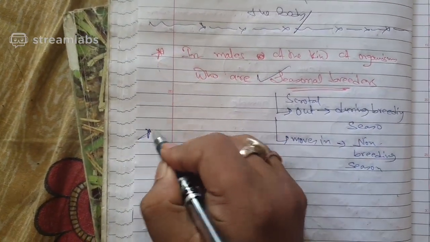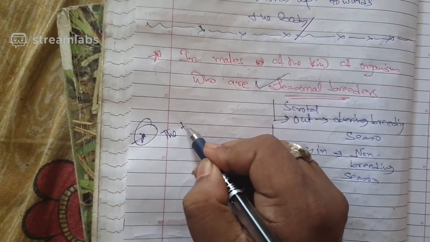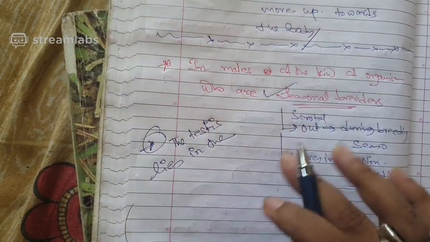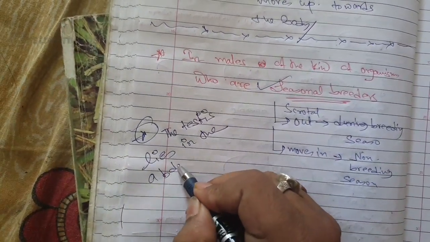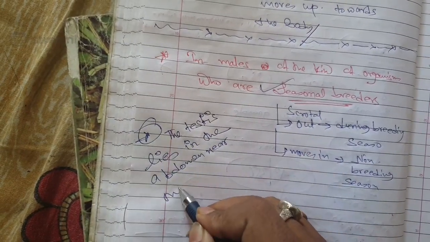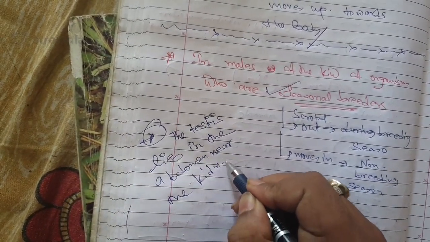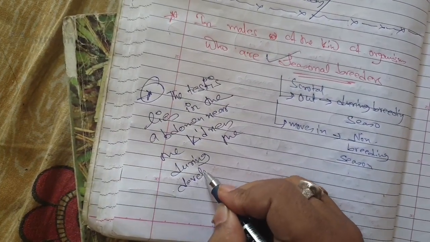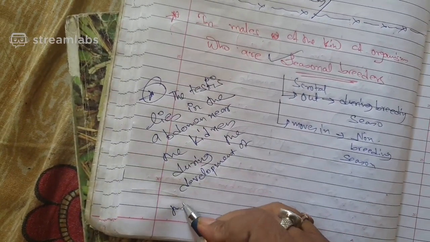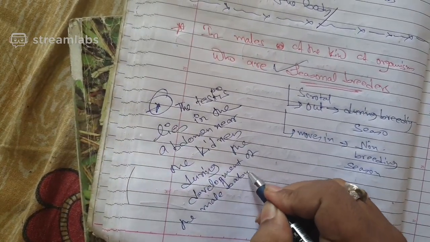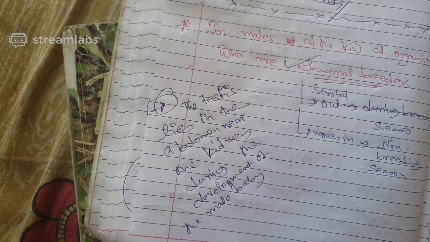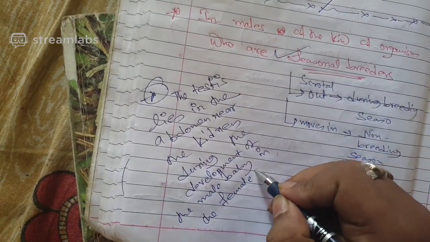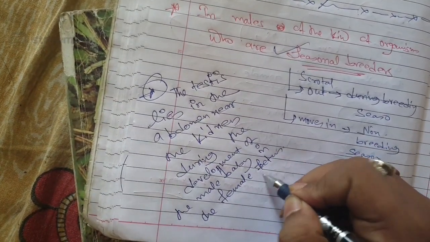And also another interesting piece of information that I will give you: the testis lies in the abdomen near the kidney during the development of the male baby, in the fetus.